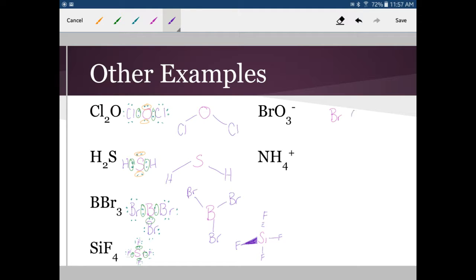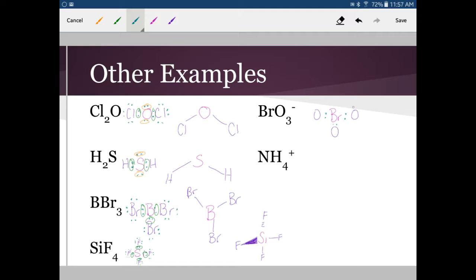Bromine, my oxygens surrounding that. Again, because I have a molecule when I have covalent bonds, it doesn't really matter how my electrons are shared within that molecule. So it shouldn't matter too much here as we go through this example. So again, place my electrons 1, 2, 3, 4, 5, 6.